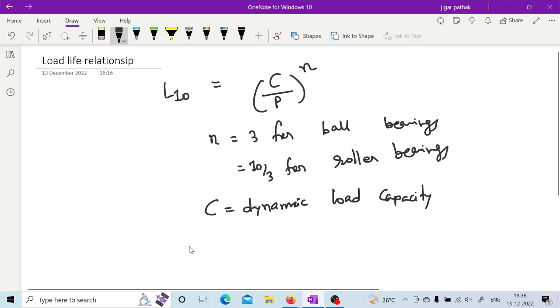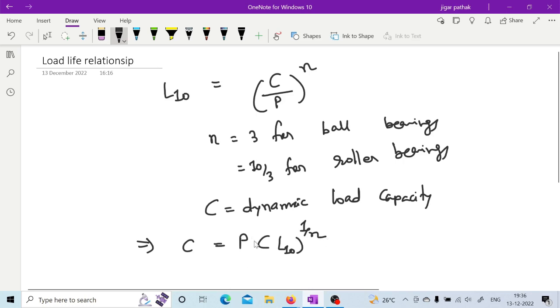Right, so if you rearrange that equation, then you can write that dynamic load capacity C can be represented as P into L10 raised to 1 upon n.